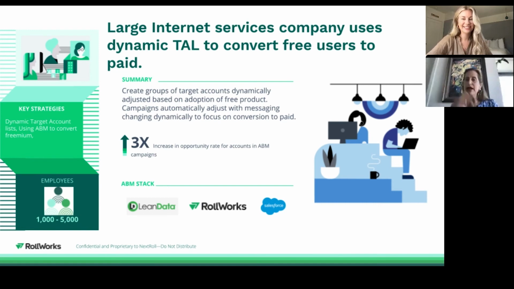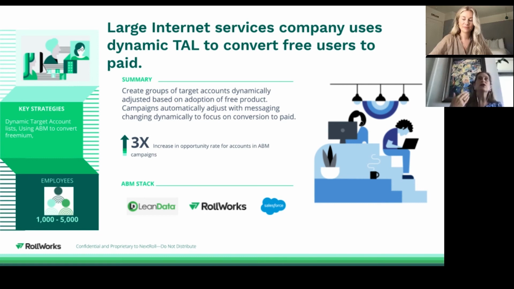So I talked about how you're refreshing that target account list on an ongoing basis. In this case, this services company has a free product. So it's great to have lots of customers, but if they're not paying, that can be problematic long-term. So here what they're doing is creating target account lists that change dynamically based on the accounts that are using the product.